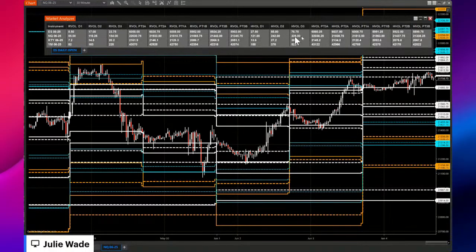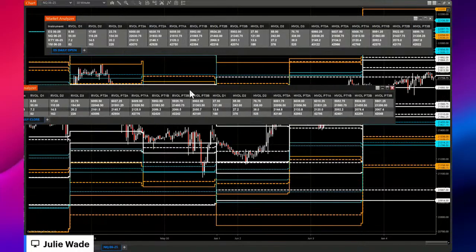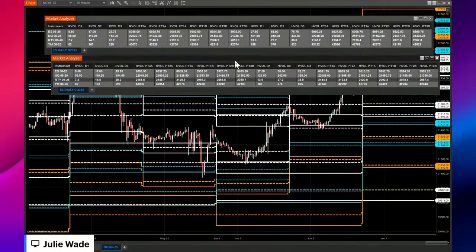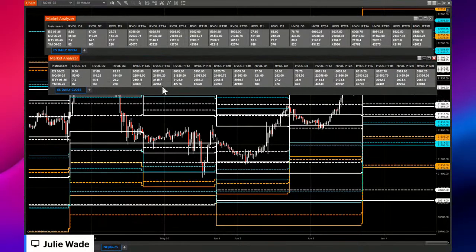So you can create your market analyzer, putting the RVol points and levels up and down, above and below the open, and the HVol daily points, 14 period, 1 period, above and below. And you can compare that to the 1 day above and below the close, RVol, HVol.